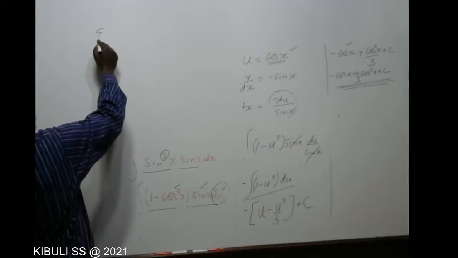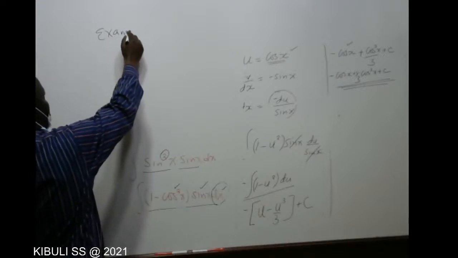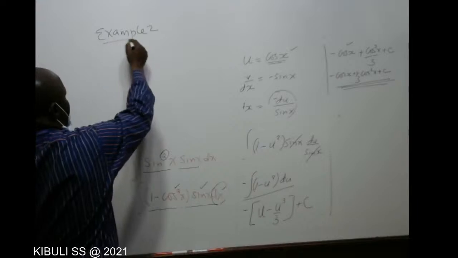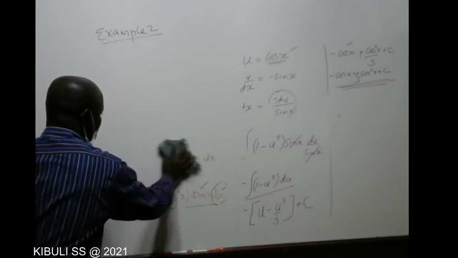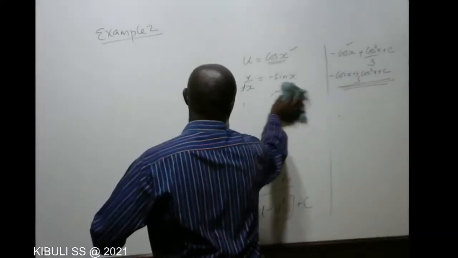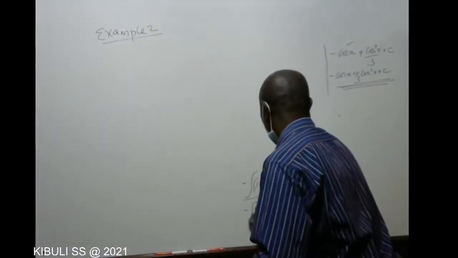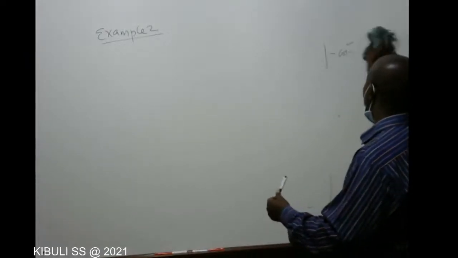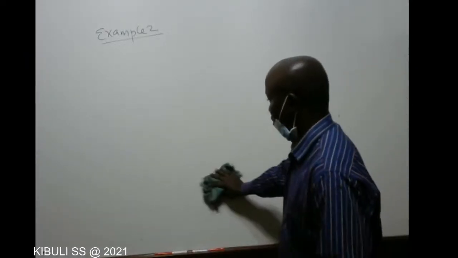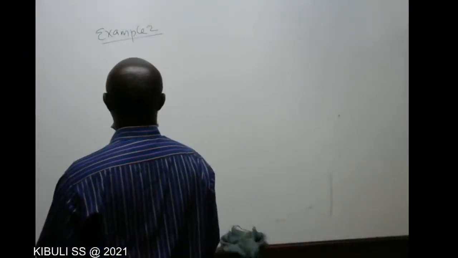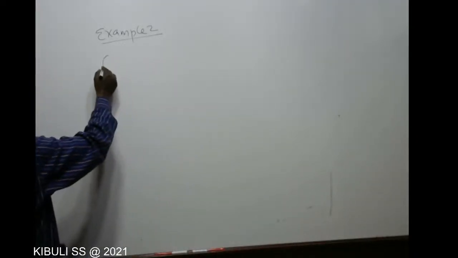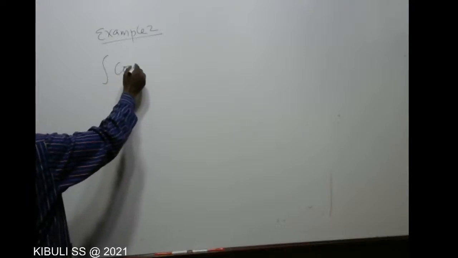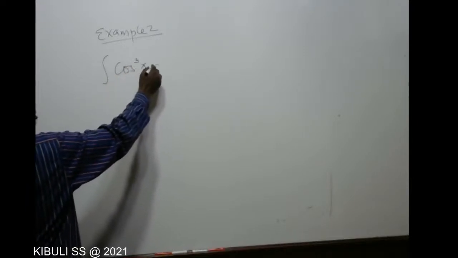you can have example 2. So example 2 will be in terms of cos, not sine this time. Let us have cos power 3, the integral of cos power 3 x dx.